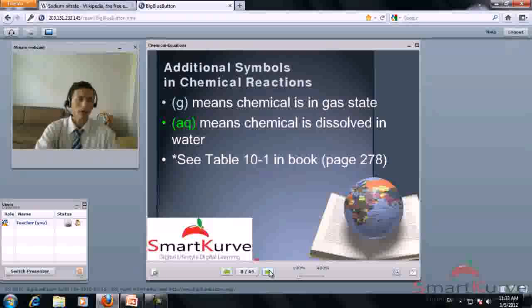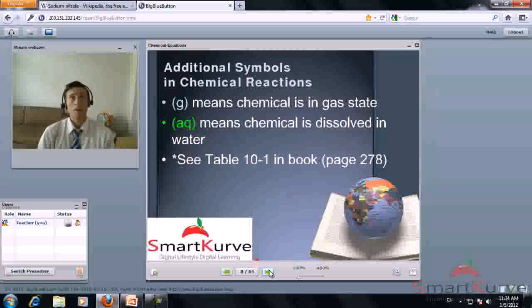And that continues on the next slide, number 8. We have the symbol G, meaning a gas, like when water becomes steam. The AQ means the chemical is dissolved in water. This is actually very common to see in chemical reactions because there are many different chemicals that dissolve in water.